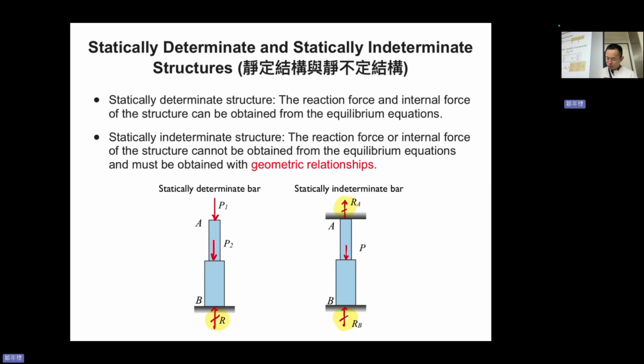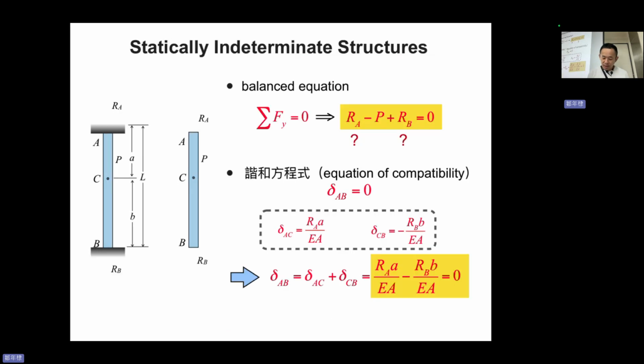Okay. So how to solve this statically indeterminate structure? Ra, Rb, P. Again, we are going to cut it. We want to know the internal force in it. So we cut the first part and we cut the second part.